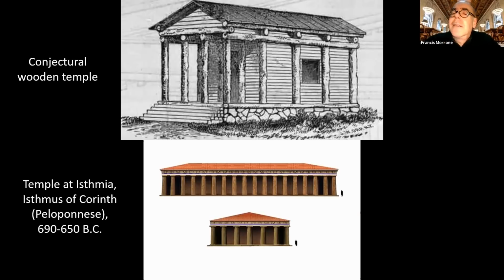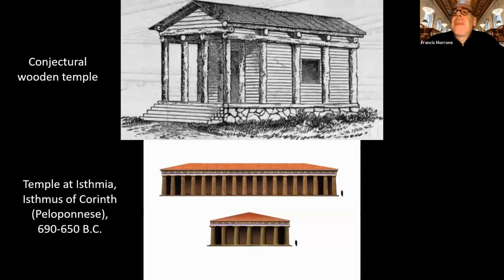Well, it basically is a log cabin, but it has a very distinctive form. It has that porch. It has the columns all around the building. And you can see that it was built that way because that is the way you built with wood. It was a post and lintel construction of the sort that is suited to wood construction.